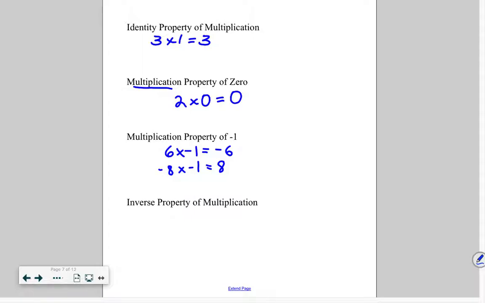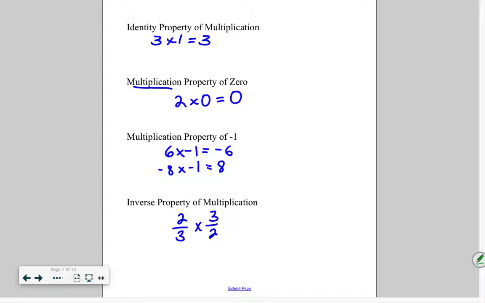Inverse property of multiplication. This would be like multiplying 2/3 times its inverse of 3/2. So notice I've taken 2/3 and I've multiplied it by its reciprocal. When you take a fraction and you multiply by a reciprocal, look what happens when you do cross reducing.